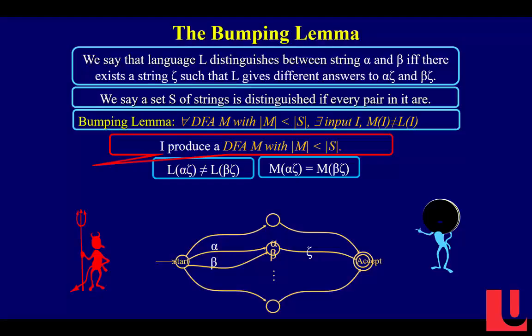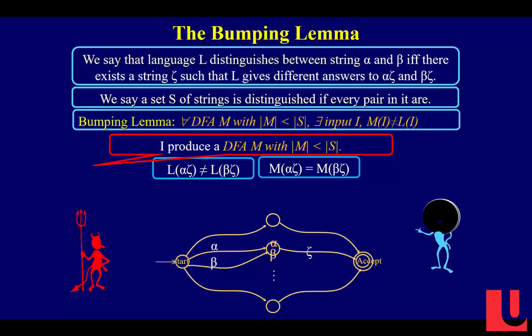Because alpha zeta is a yes, and beta zeta is a no. So these need to be distinguished. Does that make sense? And hence, these need to go into different states.